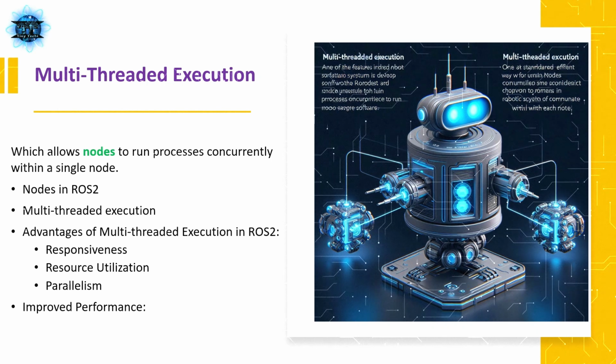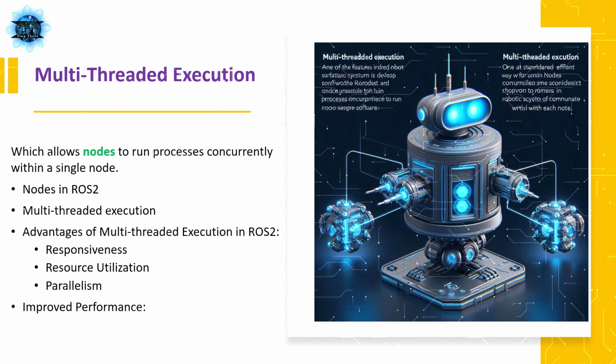Making decisions is handled by the control node, and moving parts is handled by the actuator node. So here we are considering three things: sensor node seeing things, control node making decisions, actuator node moving parts.